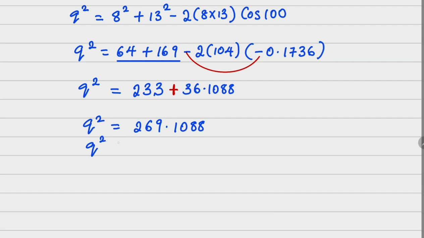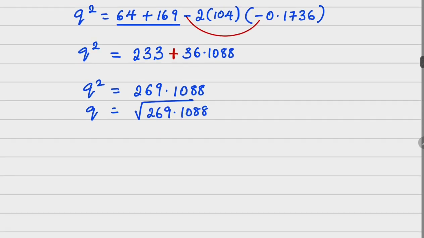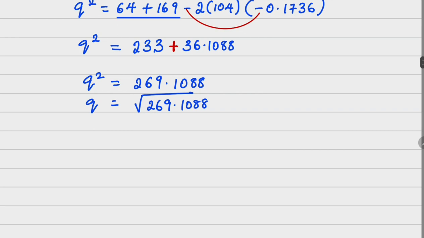Then q is going to be the square root of 269.1088, so that we can find our q to be 16.4045. Now remember, we are asked to leave it to 3 significant figures, so q will be approximately 16.4 kilometers.